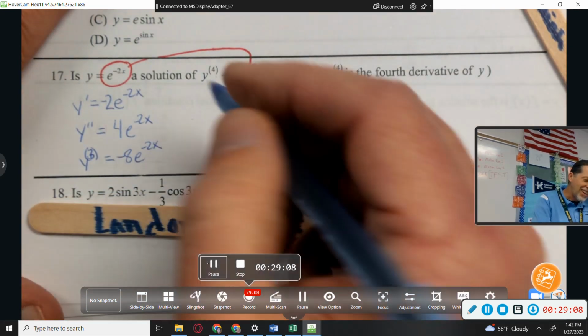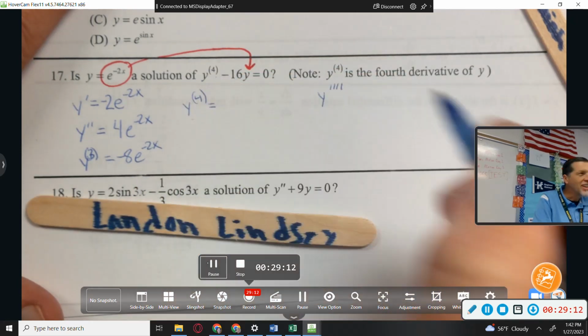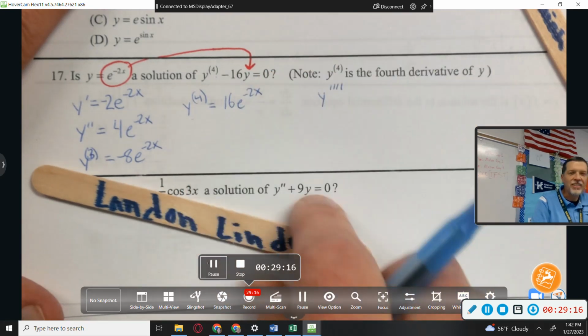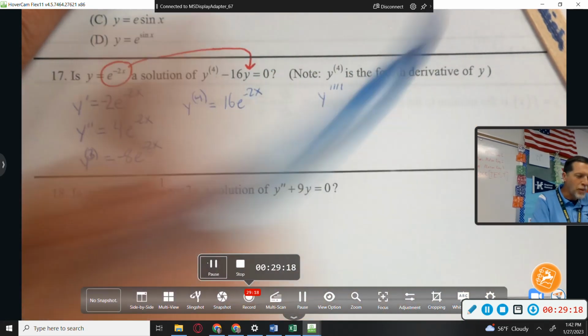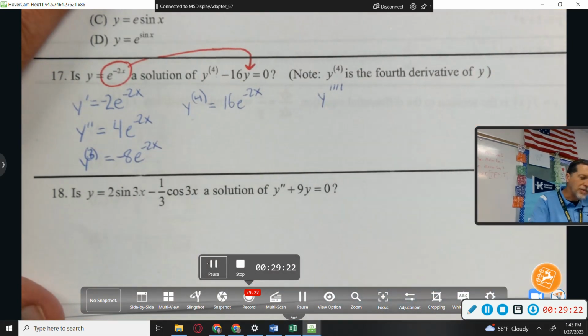And Landon, our fourth derivative. 16 e to the negative 2x. So there is some sort of pattern developing here with the derivatives, but no worries about that.